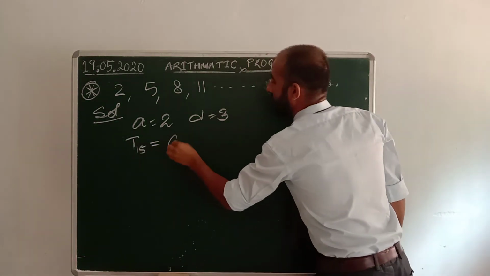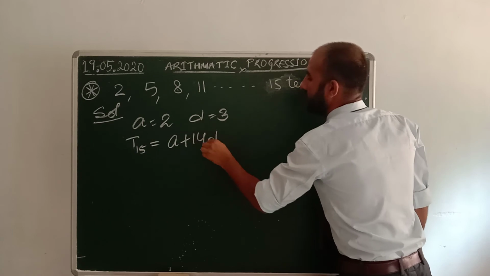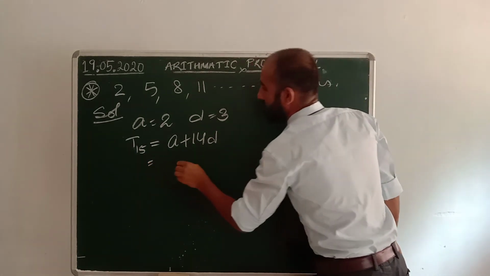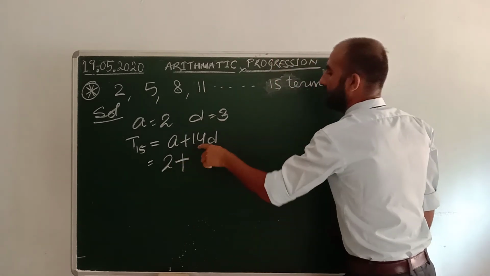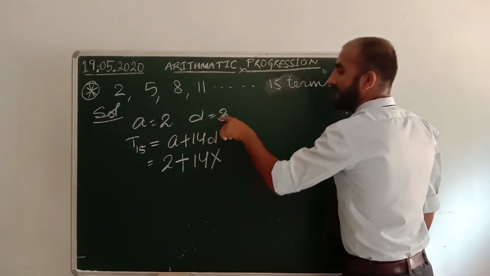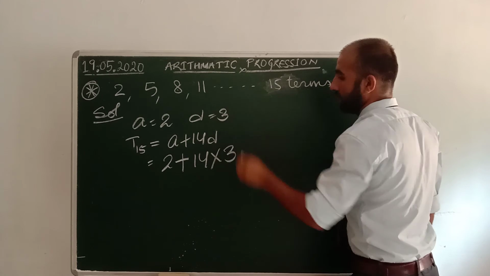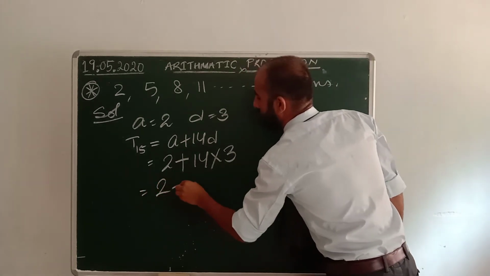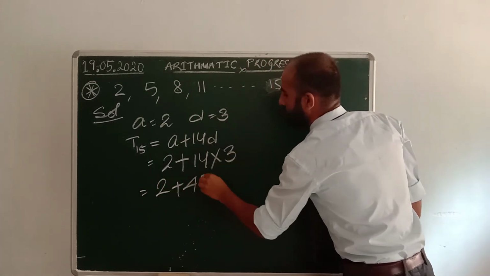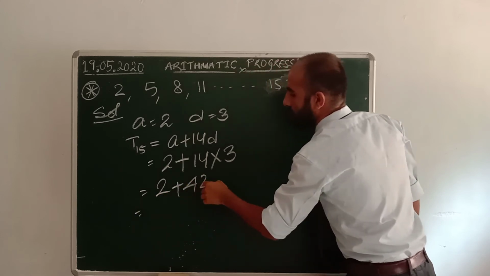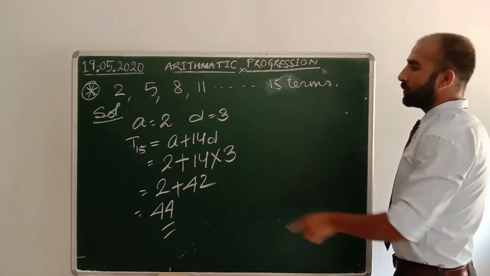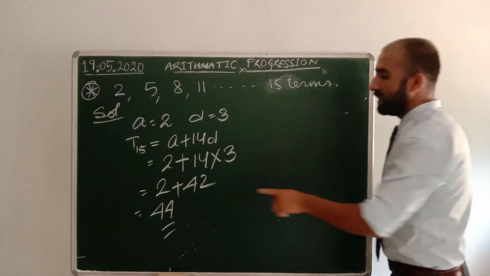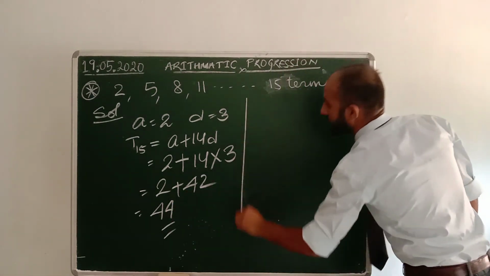The 15th term means a plus 14d, that is 2 plus 14 into d, which is 3. So 2 plus 14 3s are 42. 2 plus 42 will give you 44. That means we got our 15th term as 44. So let's use the summation formula.